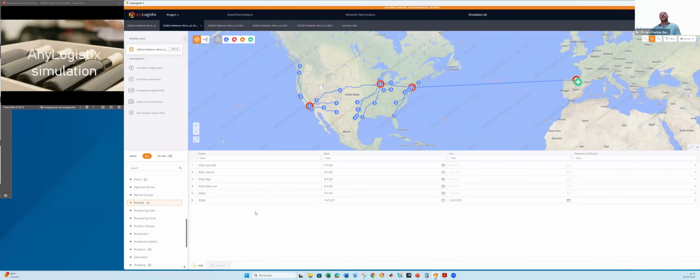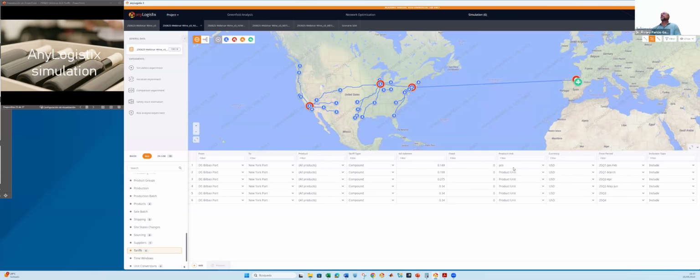So before I make the tariffs, I need to create the time periods properly. Once I have this, I can go to the tariff and say for each period, in the same way I did for the previous tariff in the baseline.